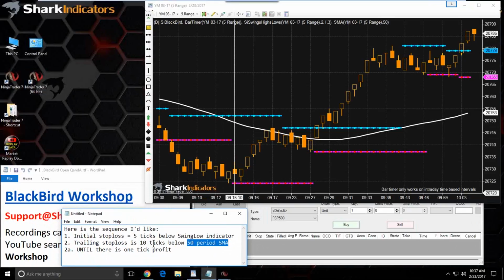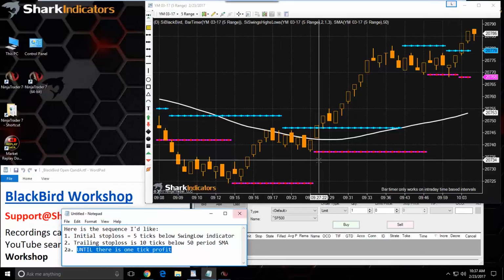There's no conditions or anything. The only condition for this trailing stop loss is that the stop loss is only going to trail until we reach 1 tick of profit. And then the trailing stop loss will no longer trail. So in other words, we just want to trail until 1 tick of profit.